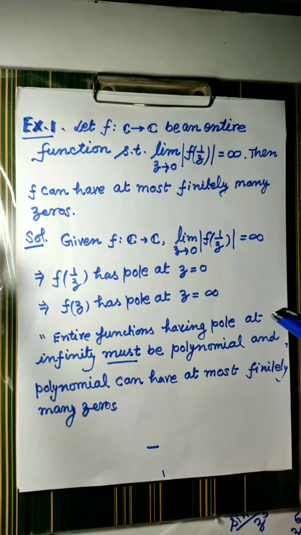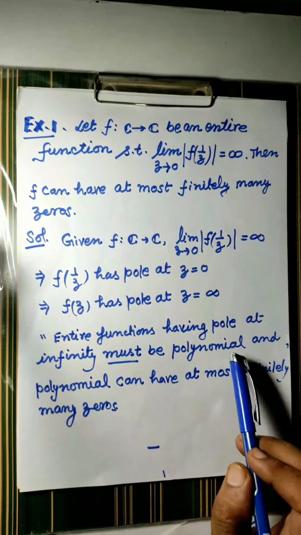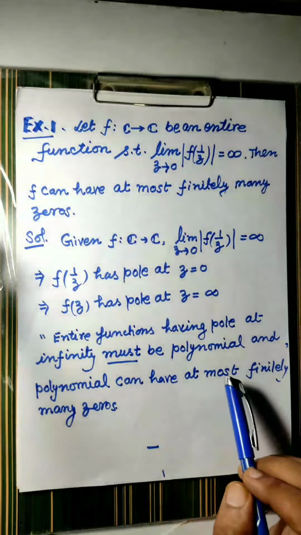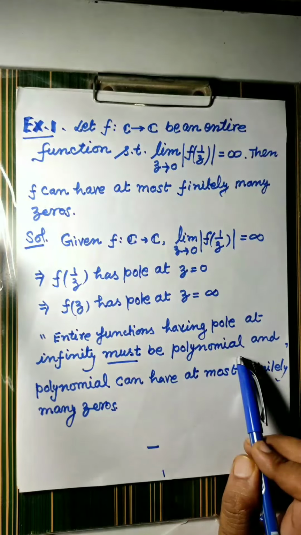So an entire function having a pole at infinity must be a polynomial. Polynomials, trigonometric functions and so on are entire functions, but an entire function having a pole at infinity will be a polynomial.